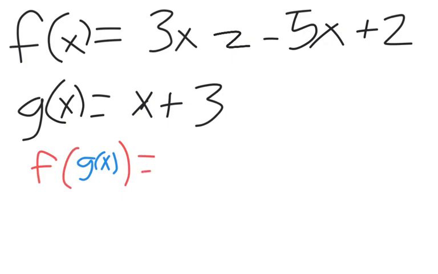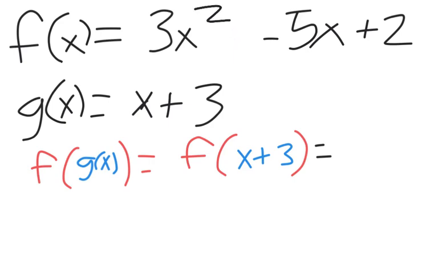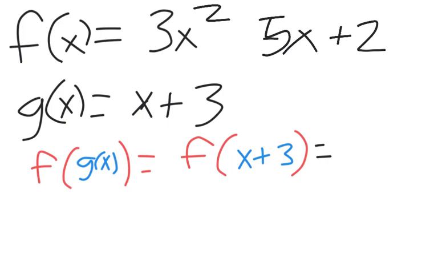Then that means I'm finding f of g of x, and g of x is x plus 3, which means everywhere there used to be an x, I'm now going to put x plus 3. So just plug into the original f of x up there at the top.